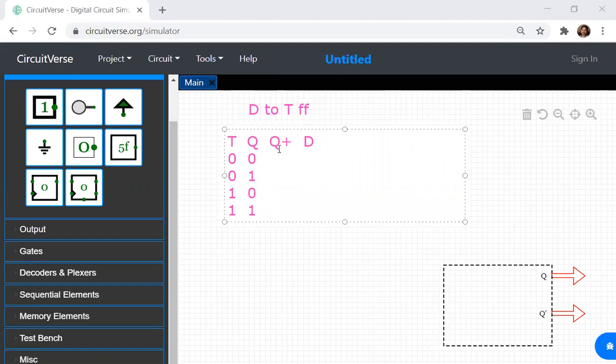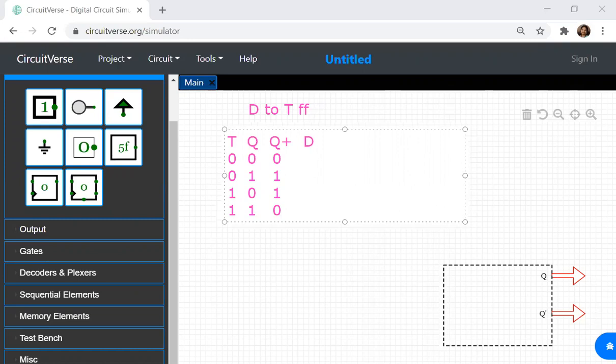Now T to D, right? So T flip-flop, if T is 0, it will follow the previous state. Previous state Q value is 0, so it will be 0. Here previous state is 1, so this will be equal to 1. Next here T is 1, so it will toggle. Previous state is 0, next state will become 1. 1 and 1, again it will toggle to 0.